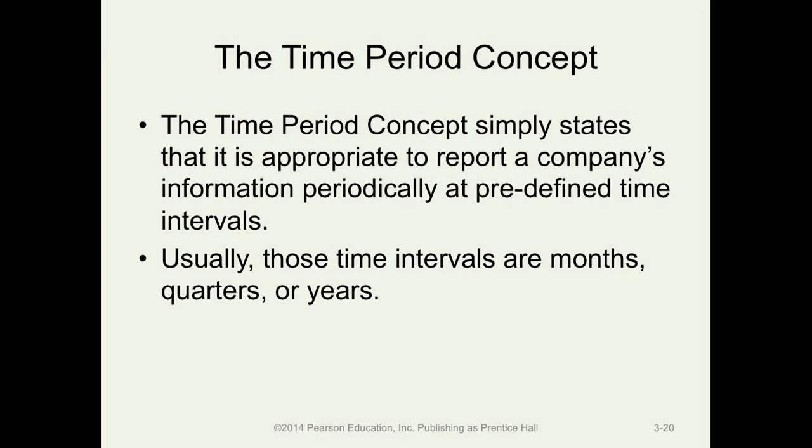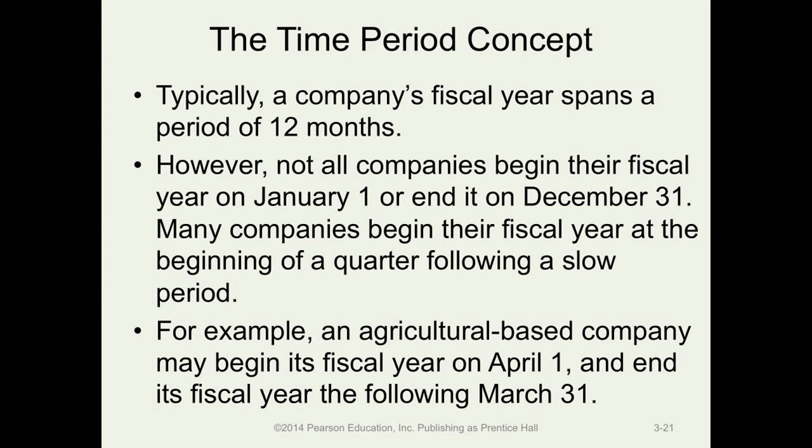We mentioned before that companies could have fiscal year ends that are not the same as calendar year ends. So not all companies begin on January 1 and end on December 31st. As I said, some companies and governments might have a July 1 to June 30th, or agriculture, based on the type of business that they have.